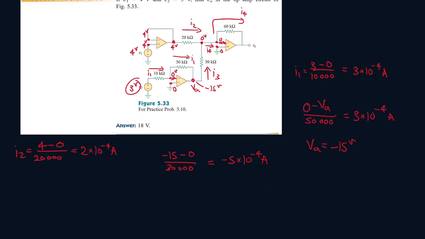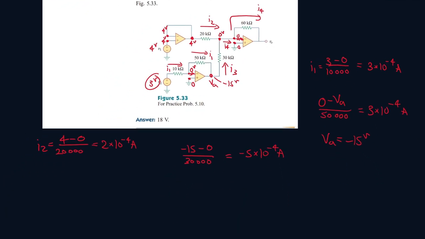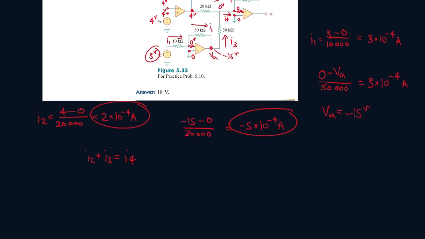So let's solve for I4. We see for this node, I2 and I3 are entering it, and this will be equal to I4. So this plus this should give you I4. So 2 times 10 to the minus 4 minus 5 times 10 to the minus 4. That gives you minus 3 times 10 to the minus 4, and that's your I4 value.